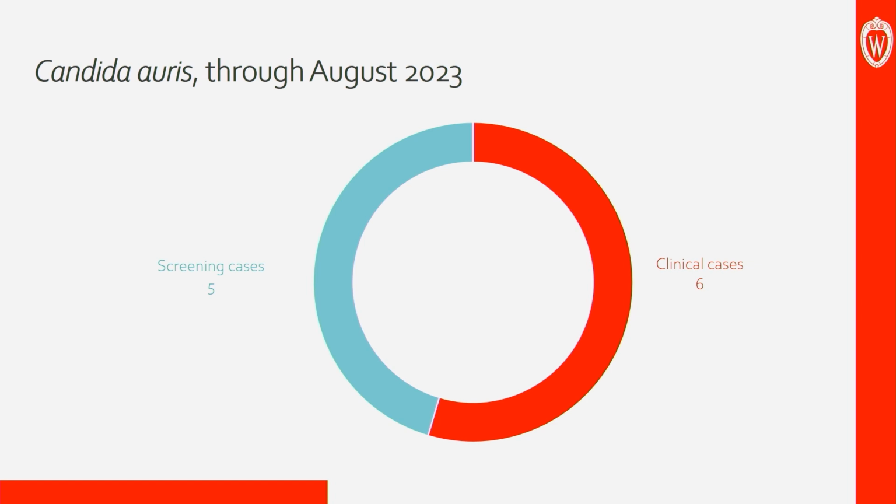These are isolates from a clinical source, basically not from a colonization swab. We do have one facility in Wisconsin, and I think we're bringing in more, but at least one facility has been doing Candida auris colonization testing for admission going back a couple of years now. They've helped to detect some of these cases, but if they're from a clinical site, then we count them as clinical.